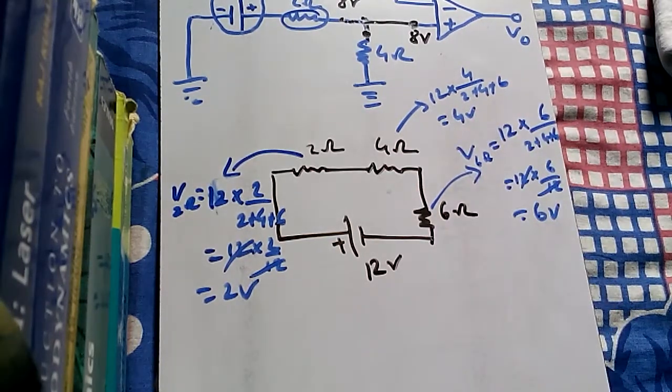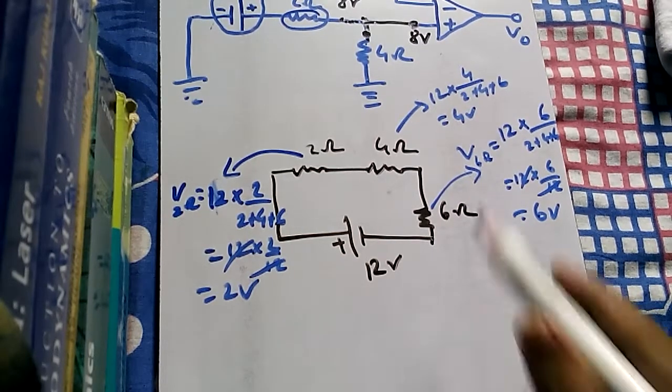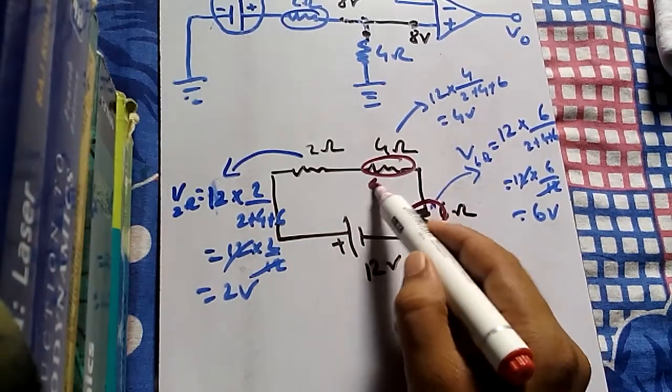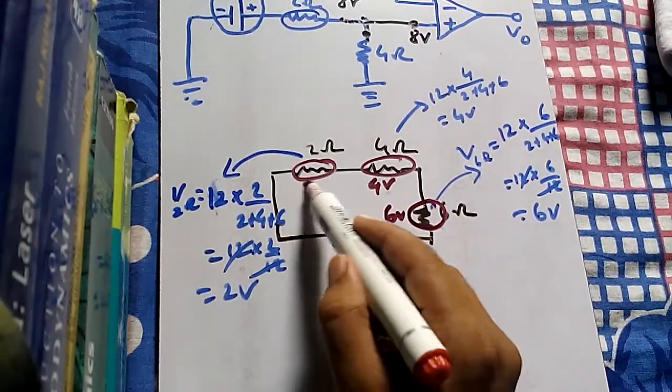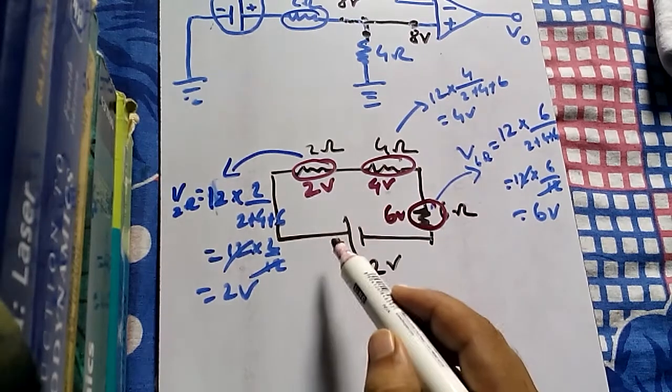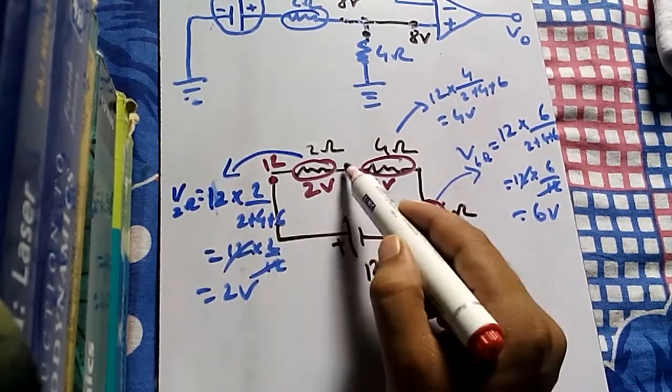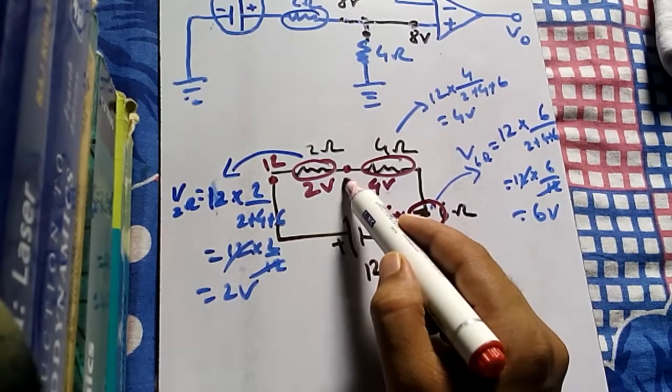That means the voltage drop across this is 6 volt, across this is 4 volt, and across this is 2 volt. So initially it was 12 volt, 2 volt dropped, so at this point it is only 10 volt.